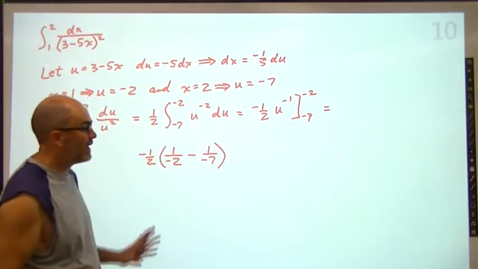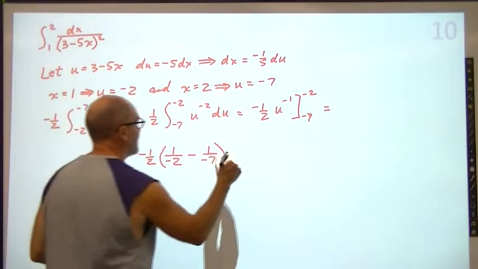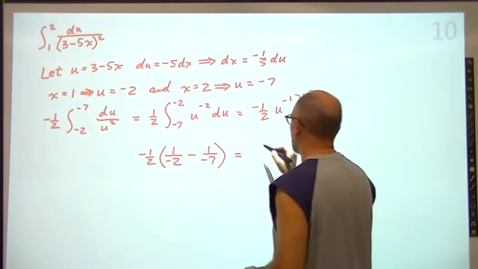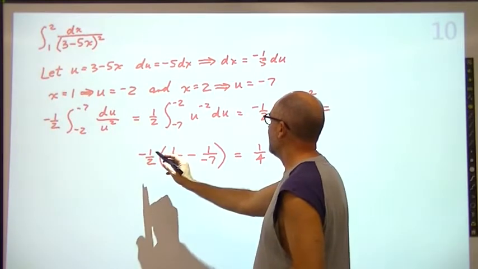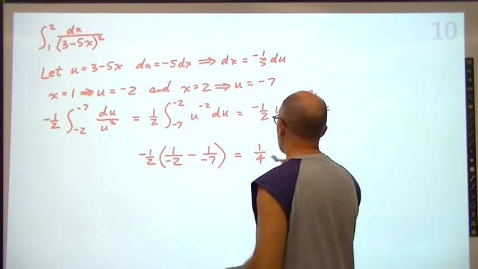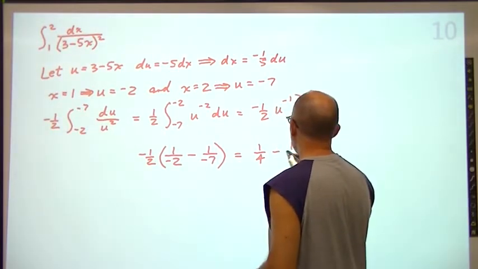All right, so let's not get confused by the signs. If we distribute this, then we have 1/2 times 1/2 is 1/4, and that's positive. And then this minus a negative becomes positive, so this is going to end up being minus 1/2 times 1/7, which is going to be 1/14.